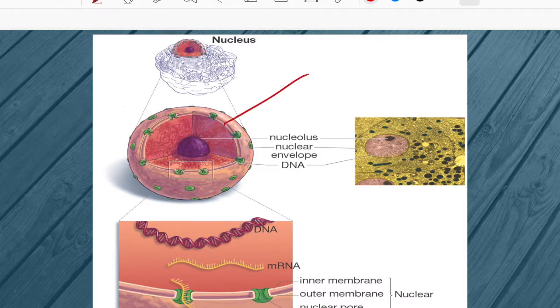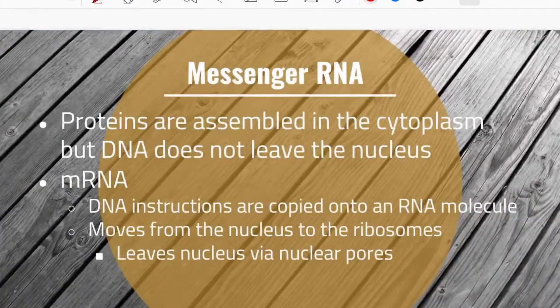So you have your nucleus, you have your nucleolus, and then you have your nuclear membrane. Now notice in the nuclear membrane are pores. And what happens during protein synthesis, DNA is used to make RNA, and that RNA goes through the pores into the cell. The type of RNA that is taking the message of the DNA from the nucleus to the ribosomes is known as messenger RNA.